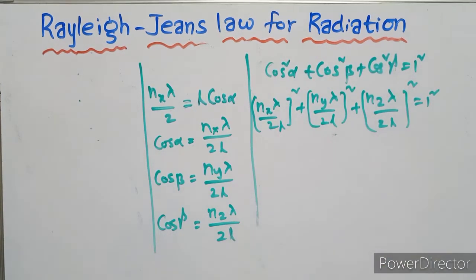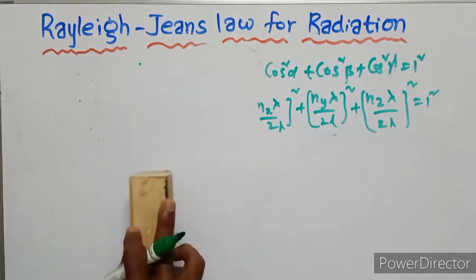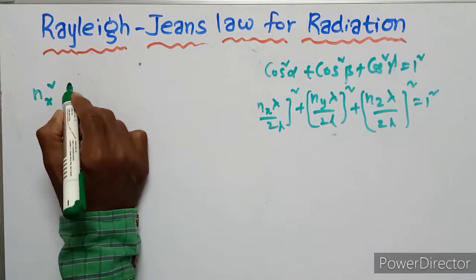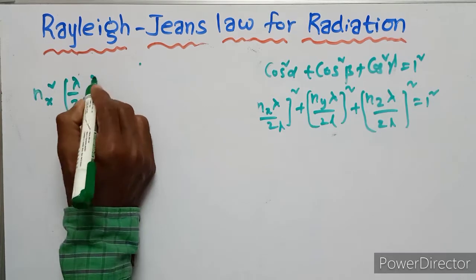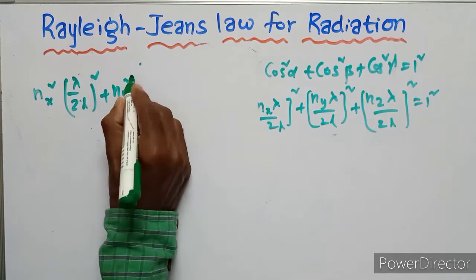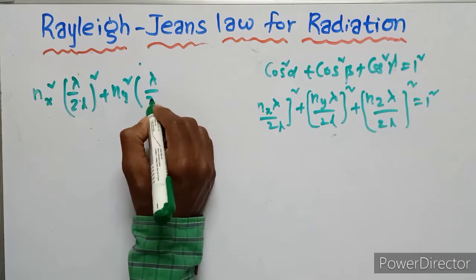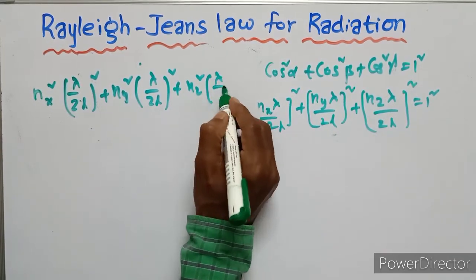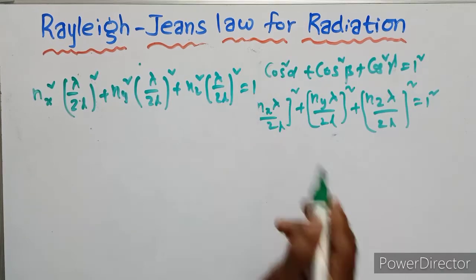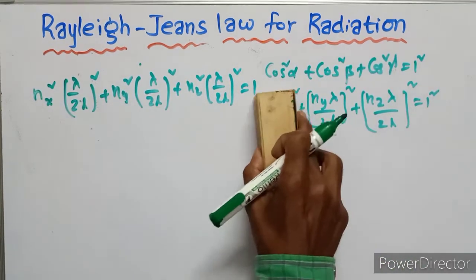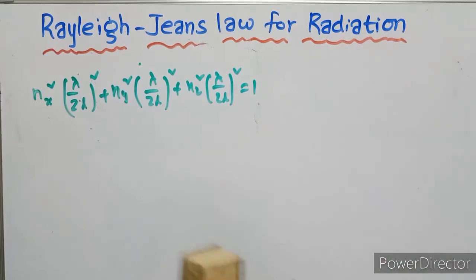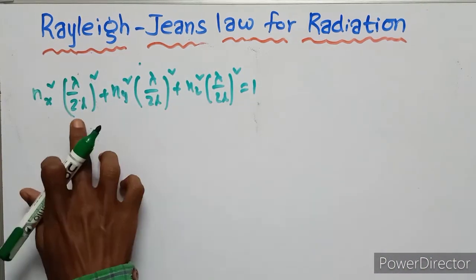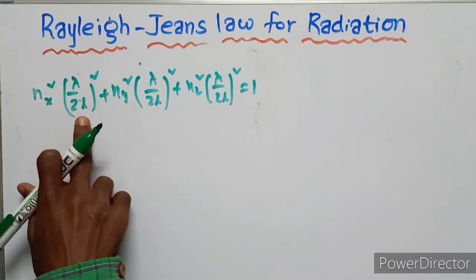So, further simplification: nx² (λ/2l)² + ny² (λ/2l)² + nz² (λ/2l)² = 1. In all terms, this is the common term.